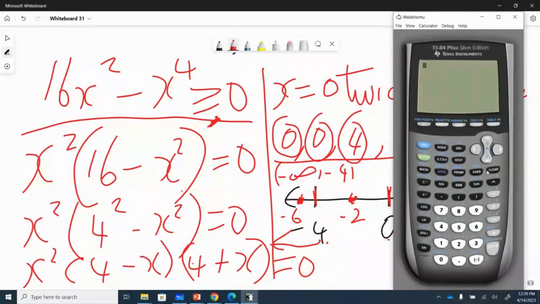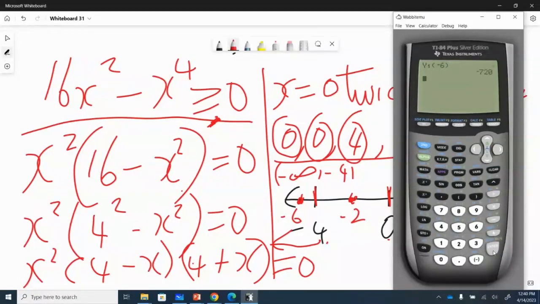How do I bring down the function in Y1? We already know that from unit 1. Go to VARS, Y-VARS, function, Y1. Ask your calculator to substitute -6 in that function Y1 and tell you the answer.